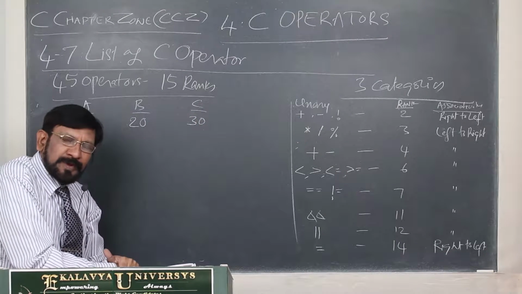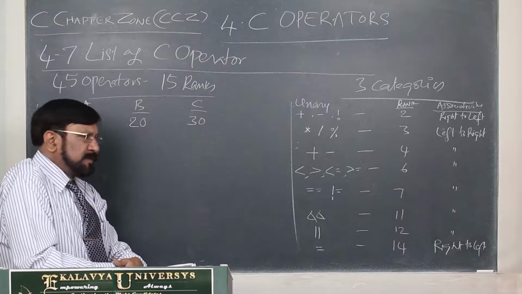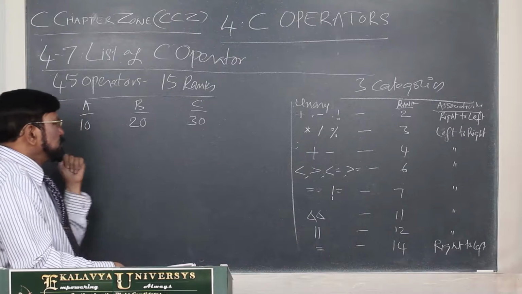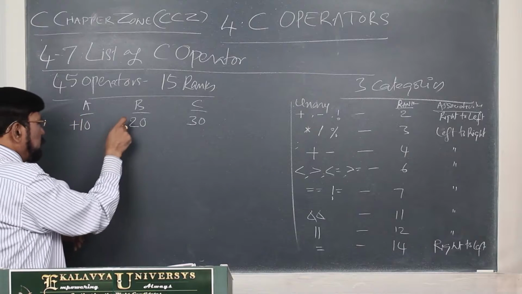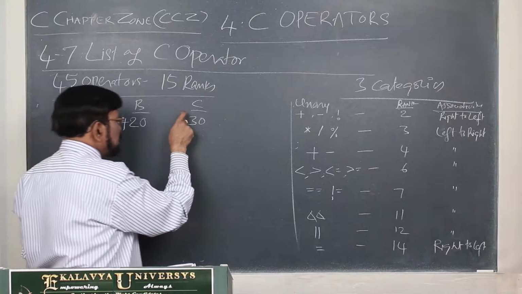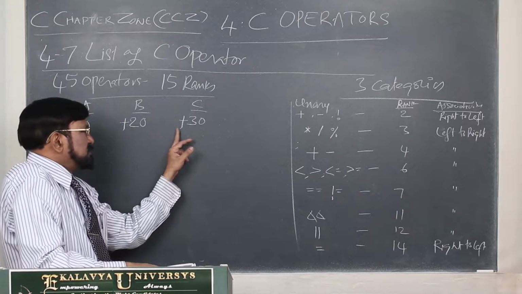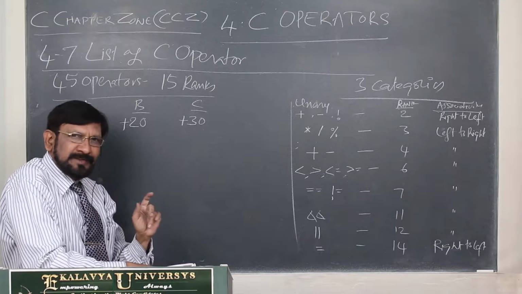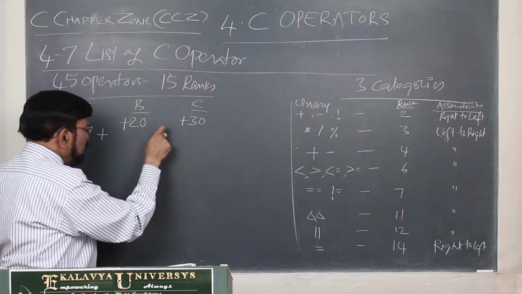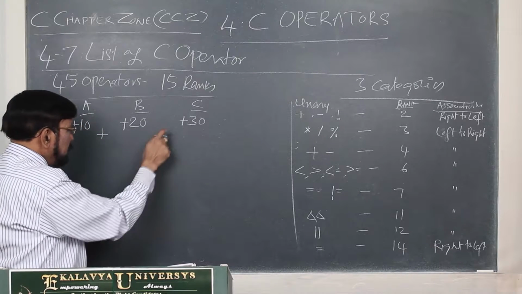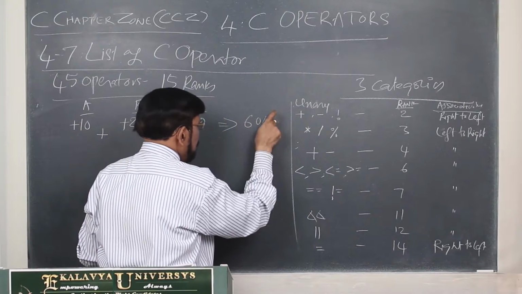What is his net property value? First we ascertain whether it is property or liability. Property means plus, liability means minus. So first you consider that. Thereafter you apply binary plus. Ultimately you realize his net worth is 60 lakhs.